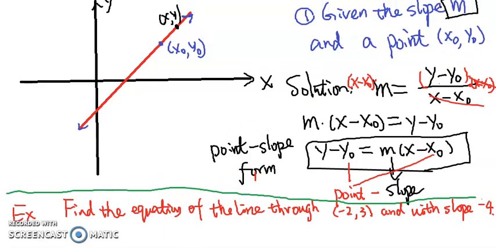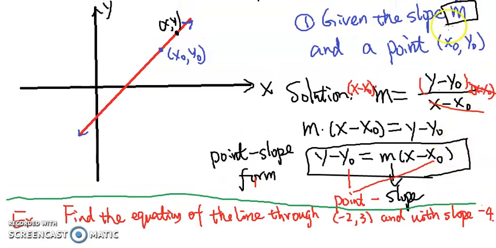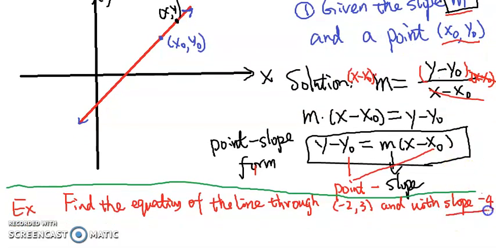So just like the information we have in the previous problem. The slope m is given, and the point is also given. As we discussed before, if we have a slope, which means how steep the line is, and it also has to go through a point, then this line will be determined, will be a fixed line.